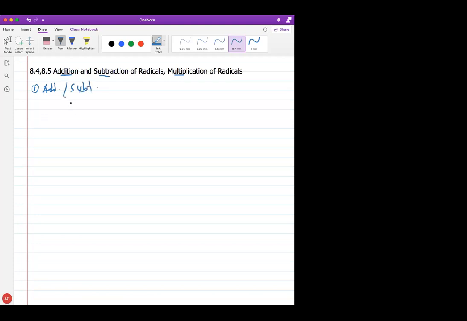All right, so when you add radicals like this, the first thing you want to check is that you must have the same number inside, and also the same index. What's the index of these radicals, by the way?